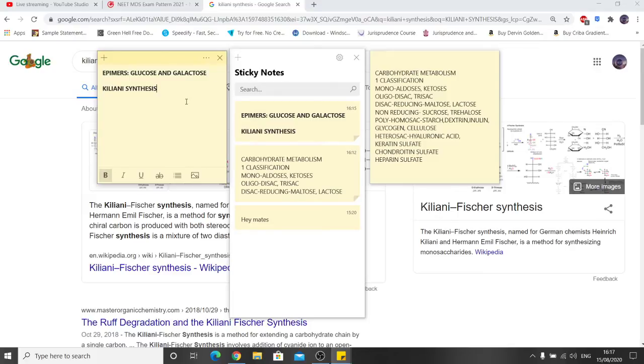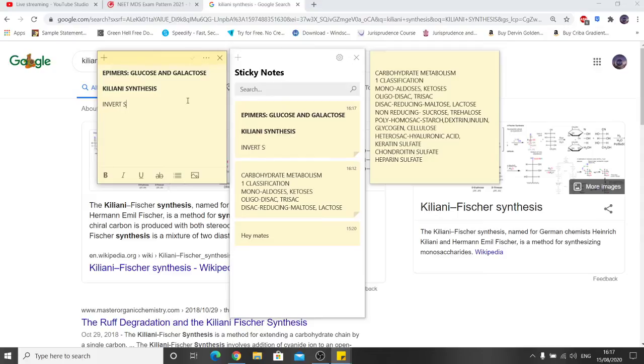Inversion of sugar is the process of changing optical rotation from dextro-rotatory to levo-rotatory. The hydrolyzed mixture of sucrose containing glucose and fructose is known as invert sugars. These are very basic fundamentals. So what are invert sugars? Glucose and fructose.